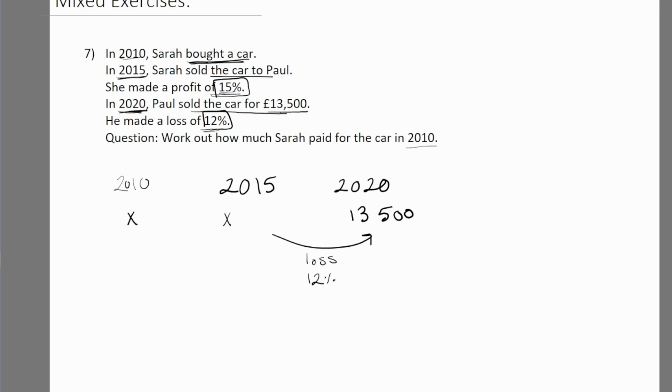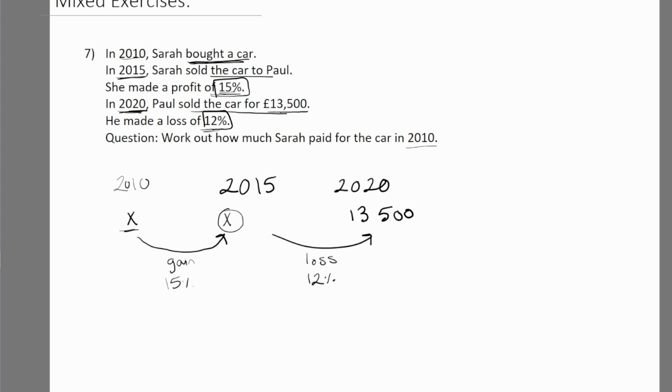If we trace this properly, we can know that what happened here was there was a gain of 15% in the number itself. Like let's say she bought it for 5,000 and then sold it to him for 7,000, so she made a gain, and then he sold it for a cheaper price and made a loss.